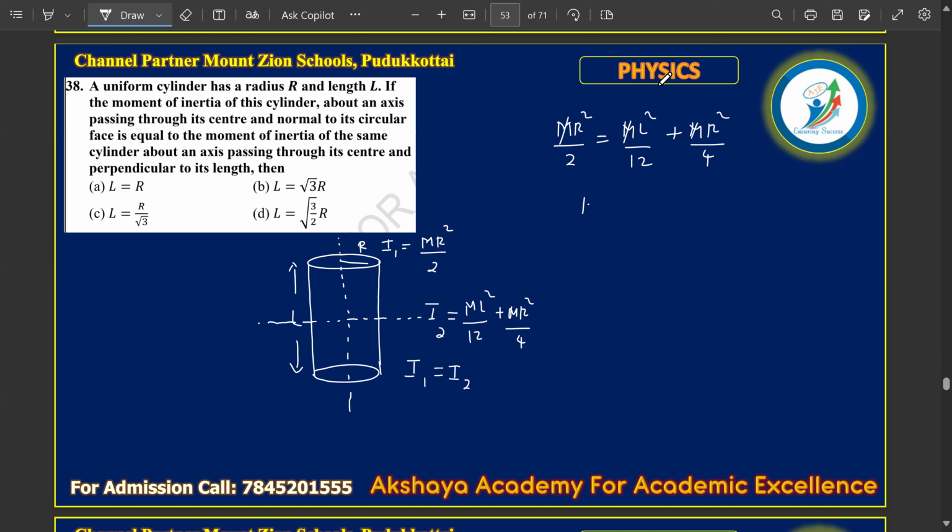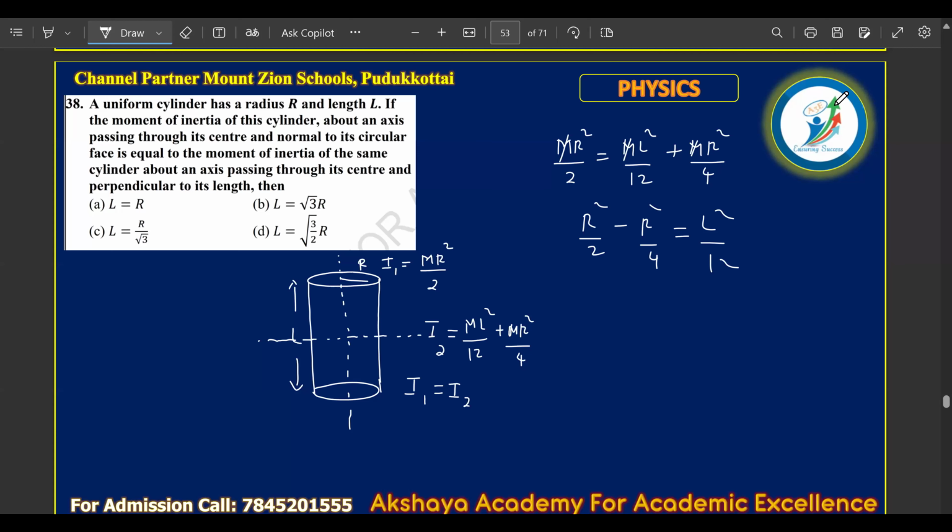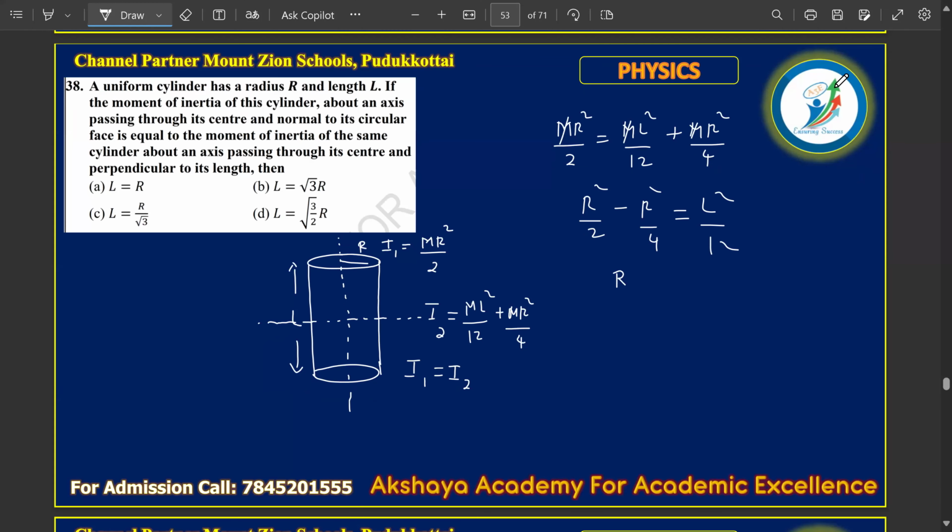We get r square by 2 minus r square by 4, which is equal to L square by 12. When we solve this, we get r square by 4 equal to L square by 12.